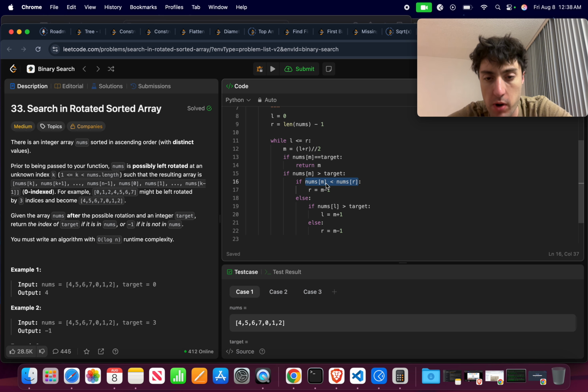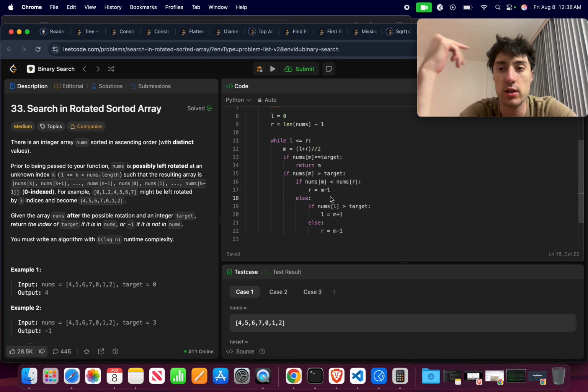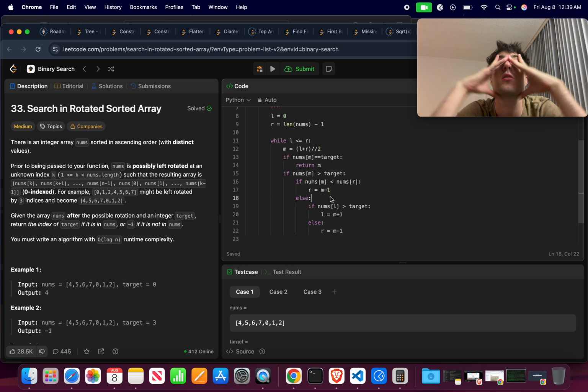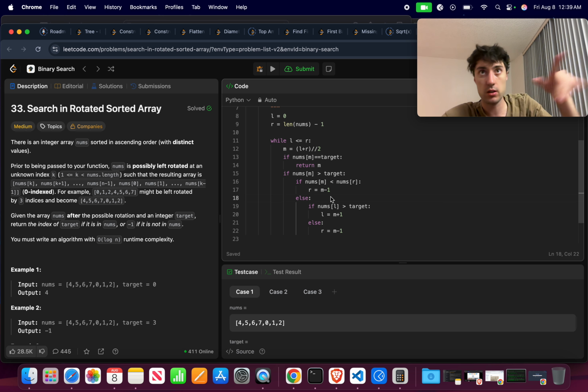My midpoint is smaller than my ending point, which means that there is no pivot in that part. So if the pivot doesn't occur here, the pivot does occur in the first part.